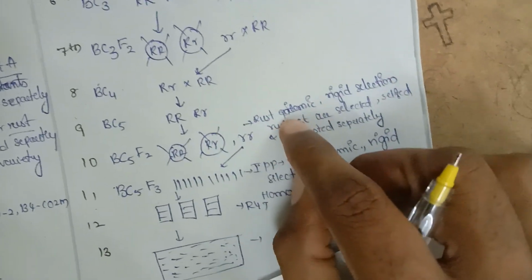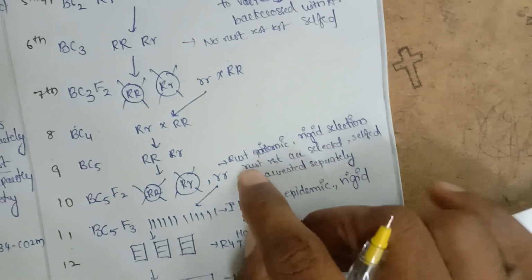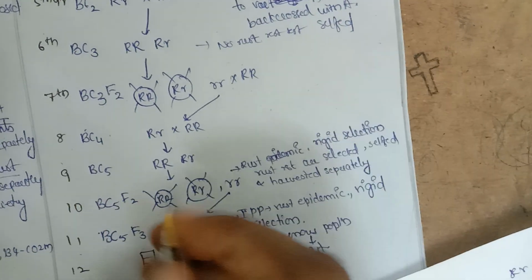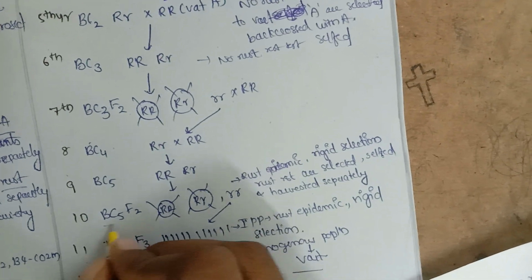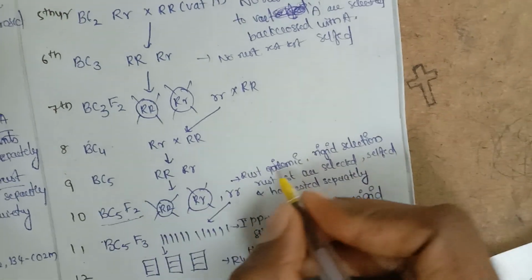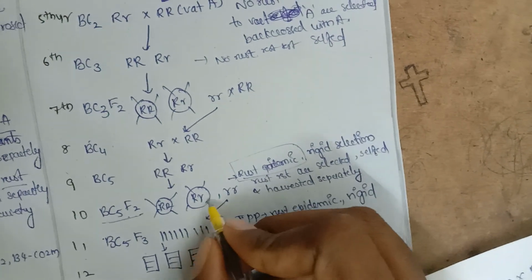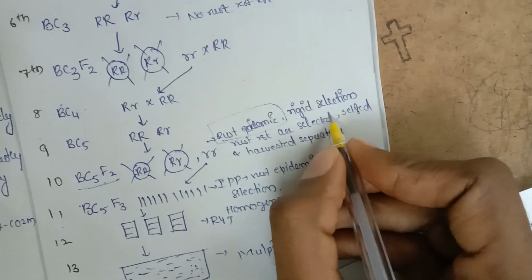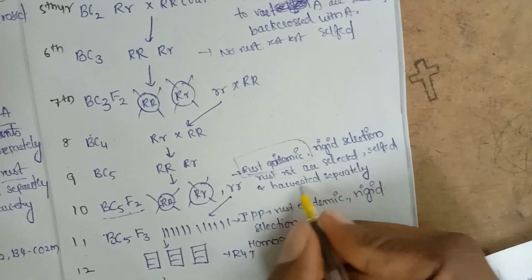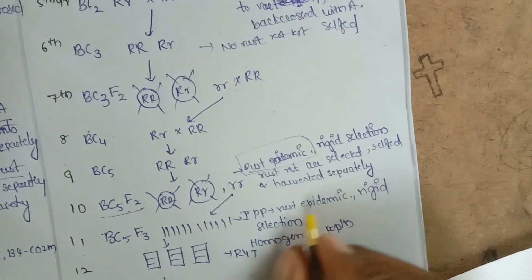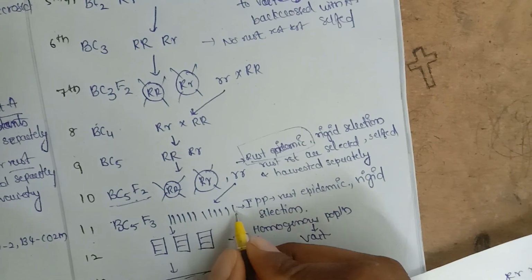Here we can go for the rust epidemic. It is the rigid selection, very important in case of recessive genes. In the backcross 5 F2 progeny, the rust epidemic condition is created, and the rigid selection for rust resistance is done. The selected plants are selfed, and the seeds harvested separately and grown as individual plant progeny rows.